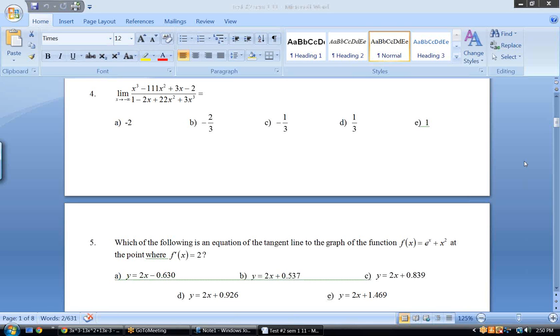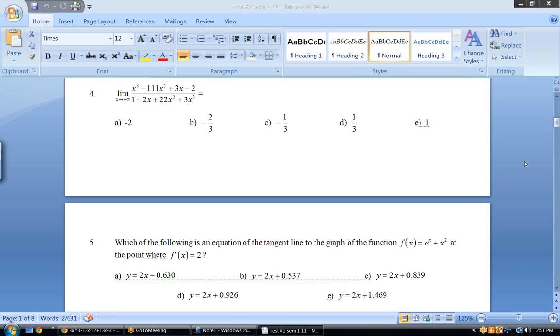If it goes to plus infinity, what would the limit be? Plus infinity. In other words, we had another problem on your first test where x went to infinity and the limit was 3/6 because it had a 3x cubed in the numerator and a 6x cubed in the denominator, so you just take the ratio of those coefficients.